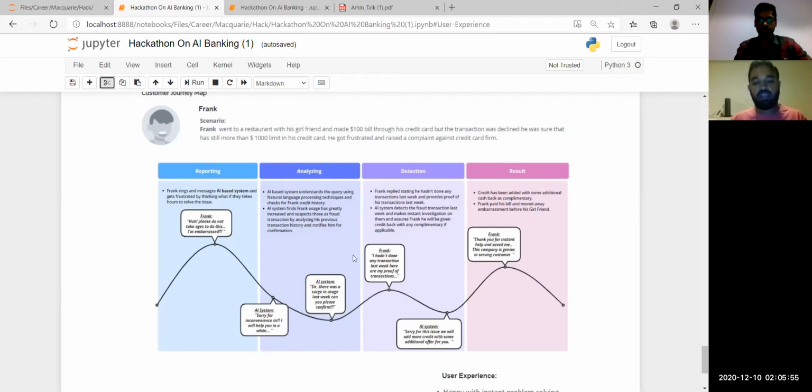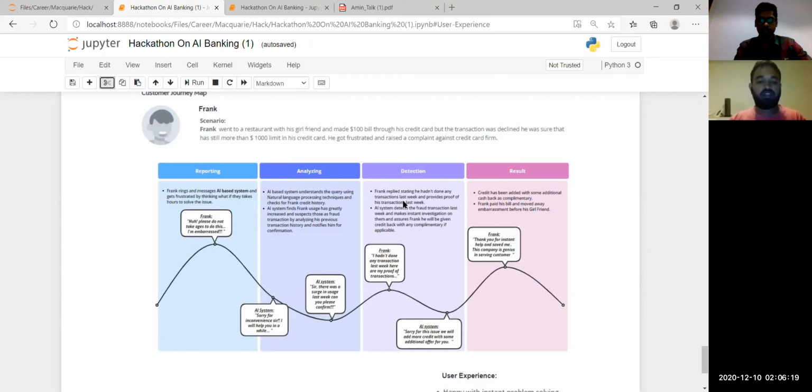Then he replied that he hadn't done any transactions last week, and he provided sufficient proof. Then the AI-based detection system confirmed that fraud transactions were done last week. That might be because of bank fraud, or because the customer lost his card or gave his credit card details.